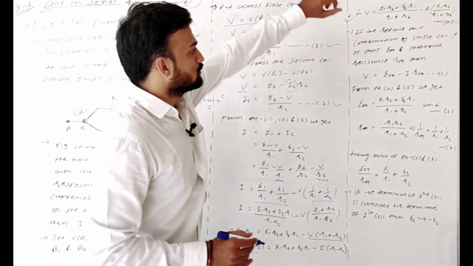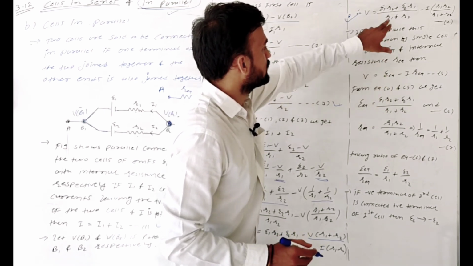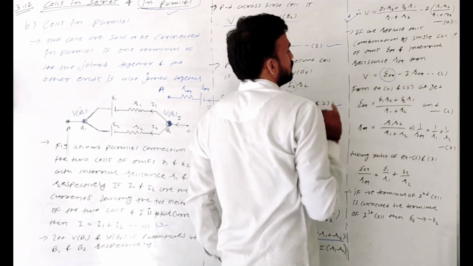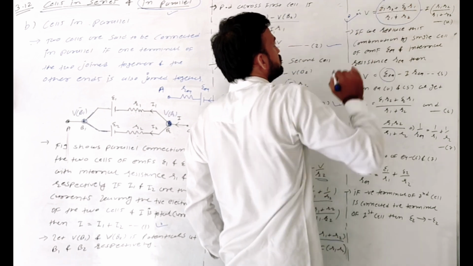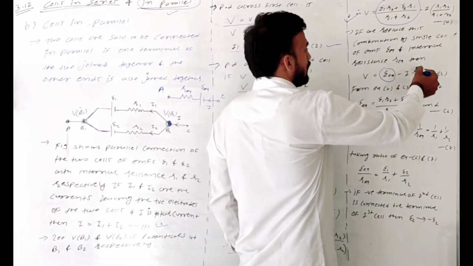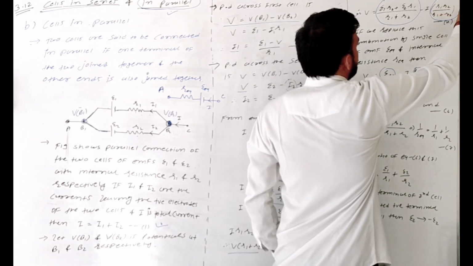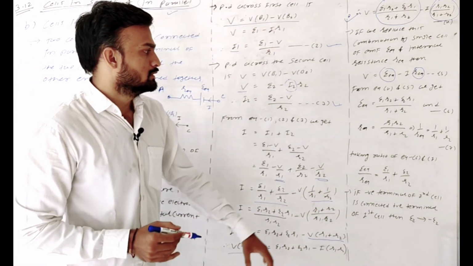Comparing these two equations, you can see that E equivalent is equal to E1 R2 plus E2 R1 upon R1 plus R2, and R equivalent is equal to R1 R2 upon R1 plus R2.